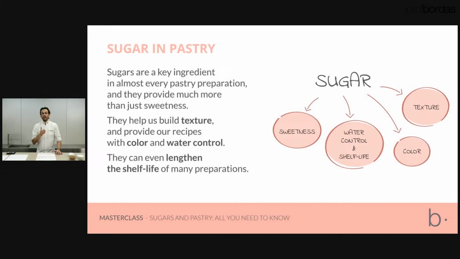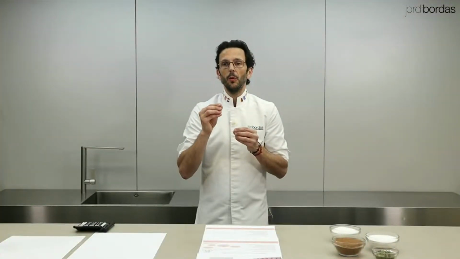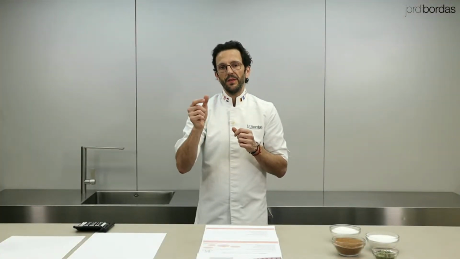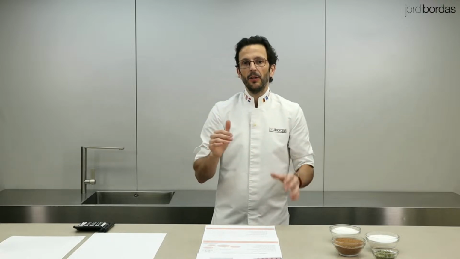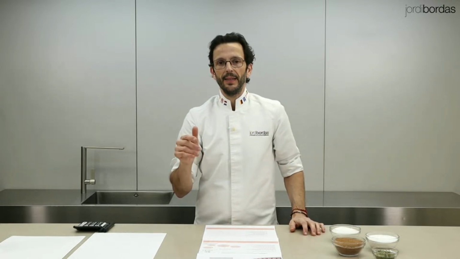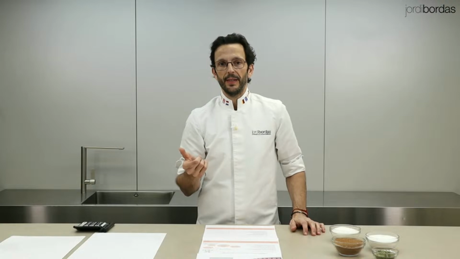Then sugar gives us dry extract in the recipe. This is really important. Why? Because dry extract is going to build the stability in our recipe. It's also really important when we freeze and thaw. When we freeze and thaw the recipes, we need to have a minimum of dry extract in order to keep the right stability after the defrosting process.